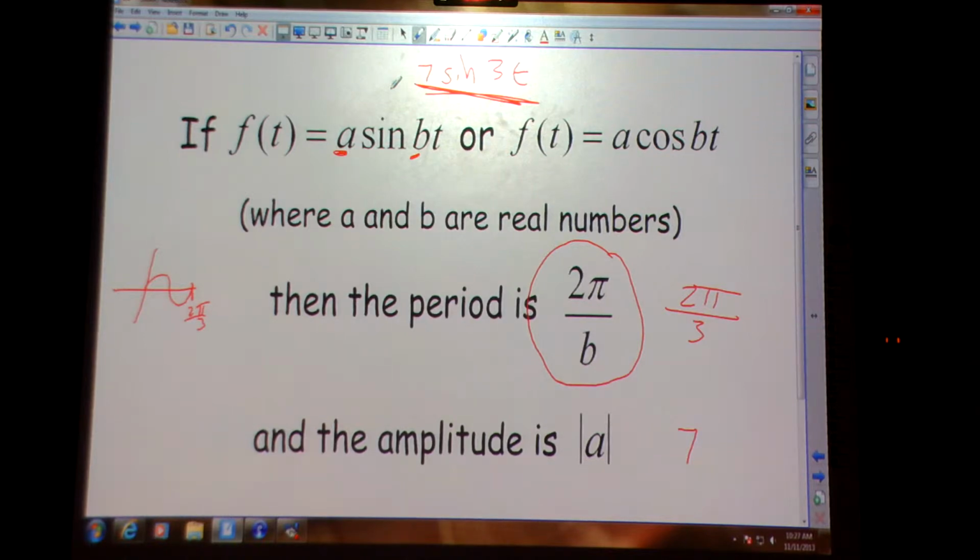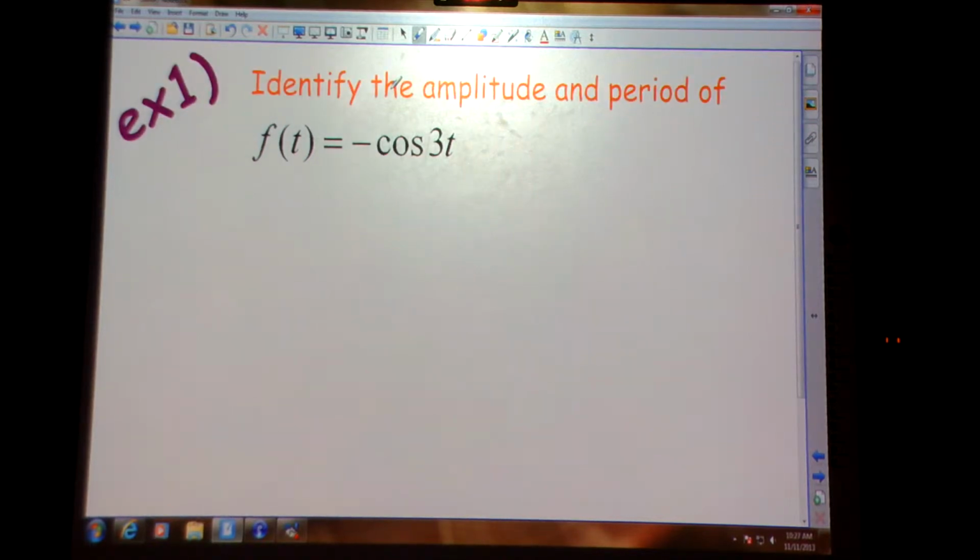Let's try a couple. We're going to identify the amplitude and period of f of t equals negative cosine 3t.